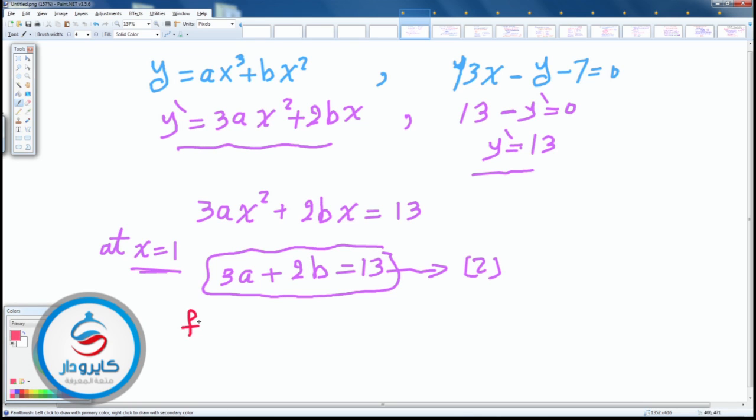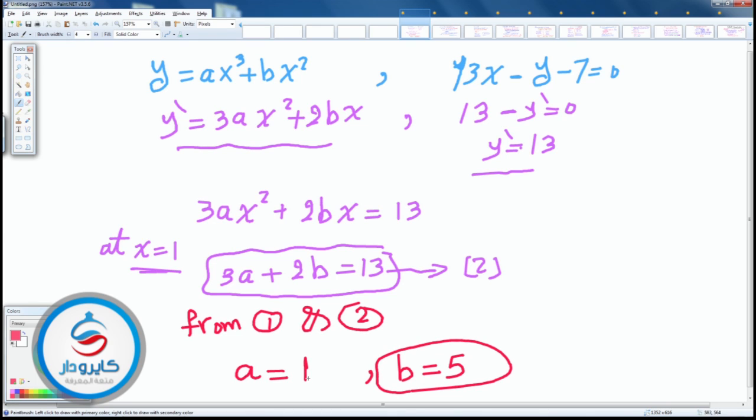Now from equations 1 and 2, by solving them simultaneously, a will equal 1 and b will equal 5, and this is the answer of the problem.